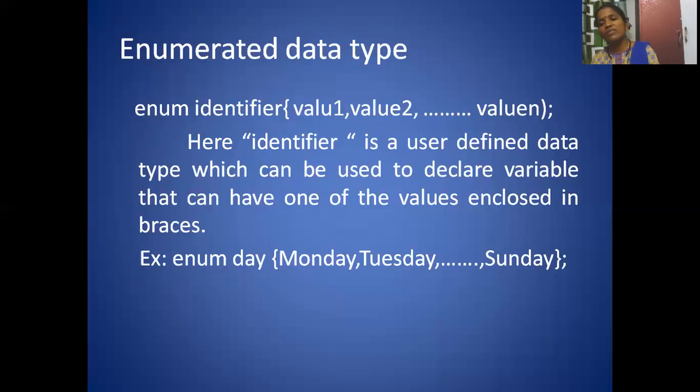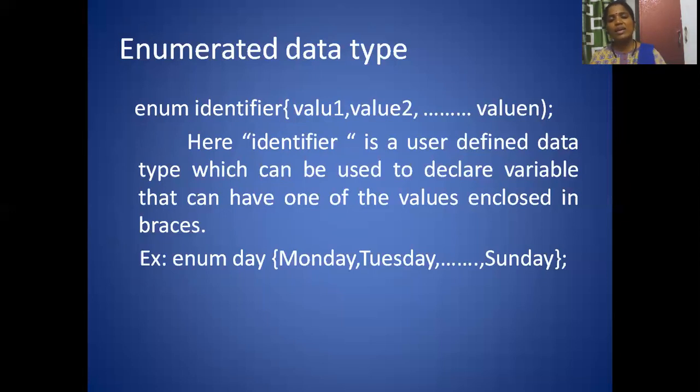I can group all the days at one place and give a name as days. All the flowers at one place, so I can give it the name flowers. So this can be achieved using enumeration. For achieving an enumeration, I have a keyword called enum. Using enum keyword, I can define my own values over there.